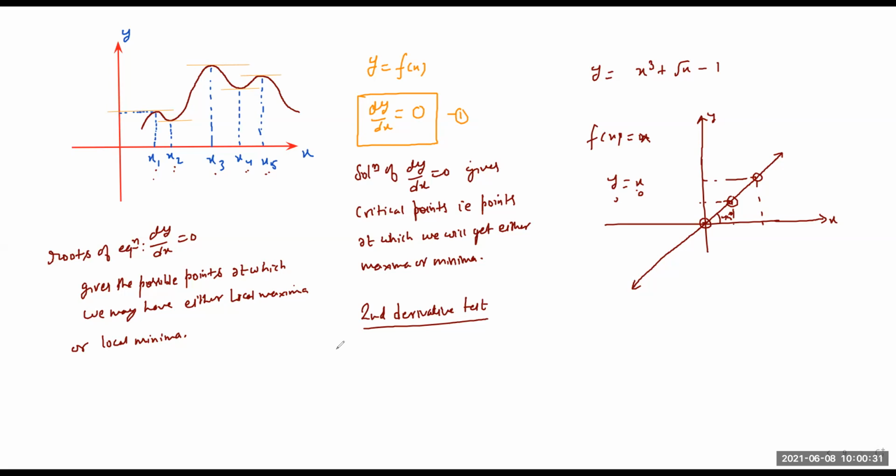Although GeoGebra is giving you the graph, so that's very easy for us to understand. Yeah, that's maximum, that's minima. But what if GeoGebra is not present, you do not know the shape of the graph, then how will you determine the maxima and minima?